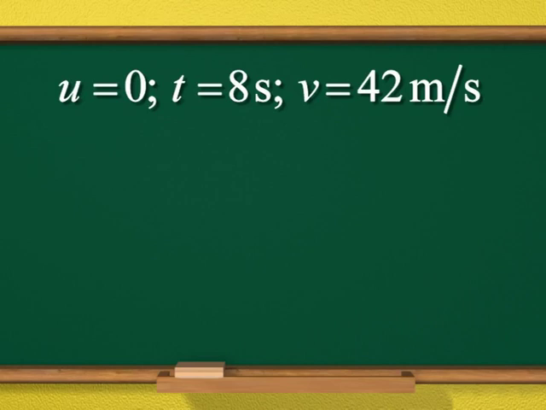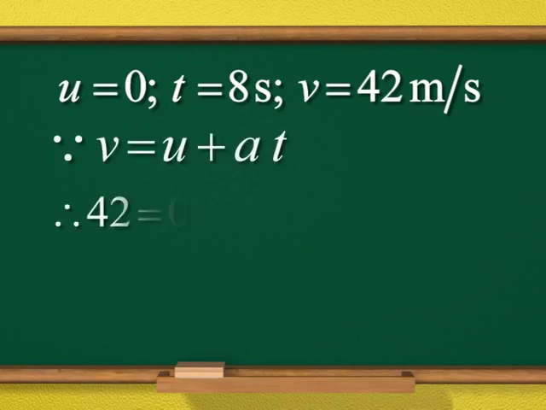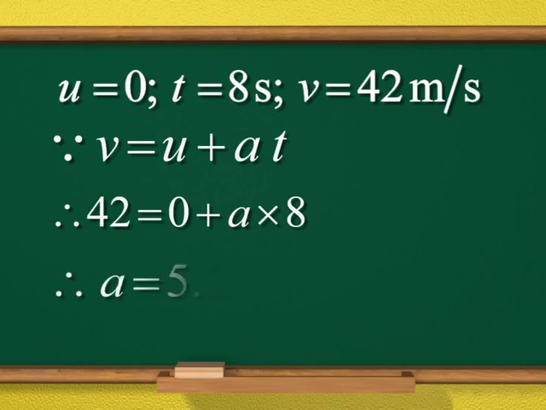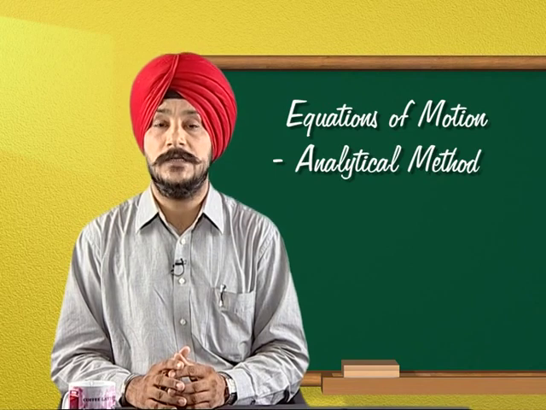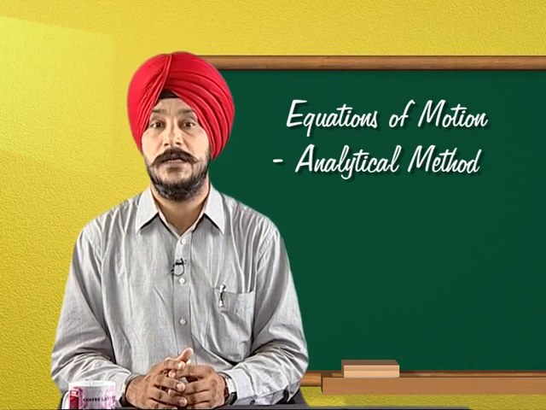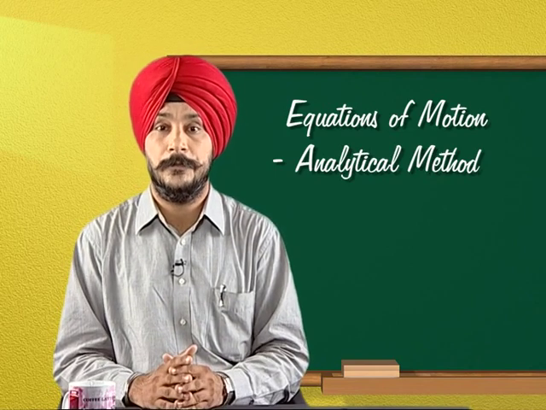On substituting the given values in the velocity time relation, we get 42 equal to 0 plus 8 times a, that is acceleration a equal to 5.25 meter per second square. I hope the importance of velocity time relation is clear to you.